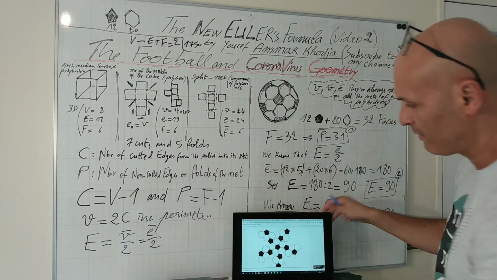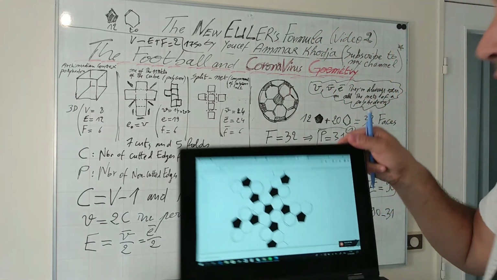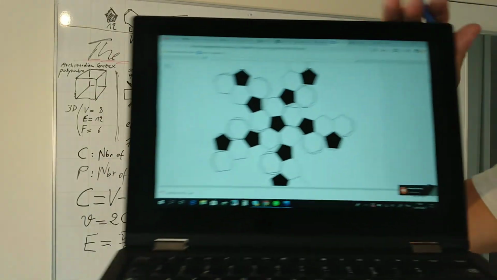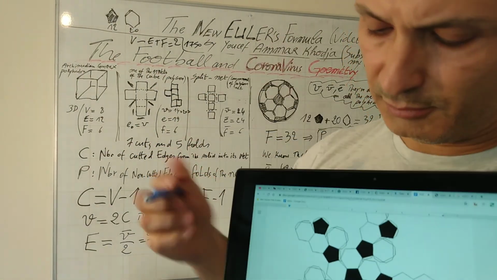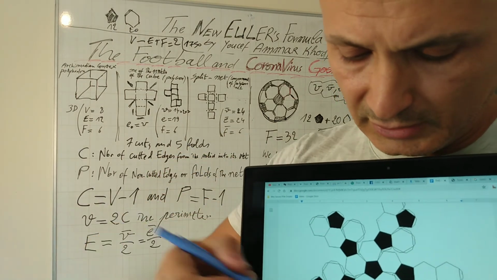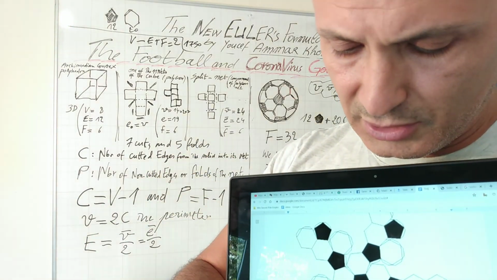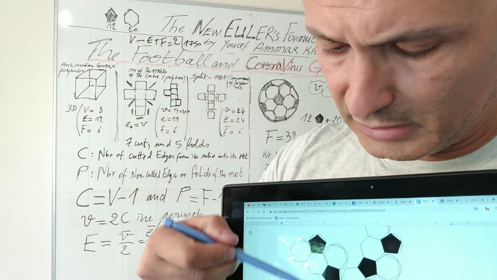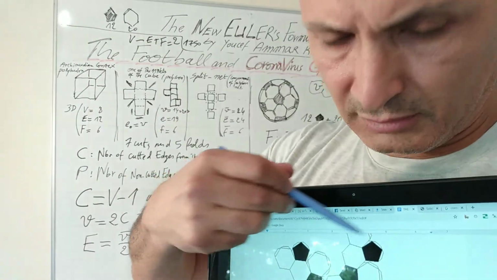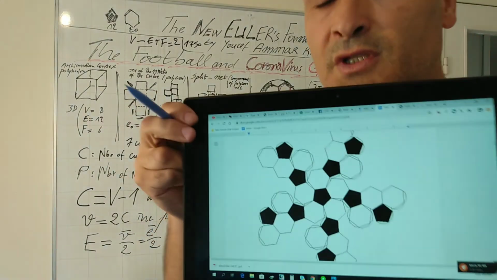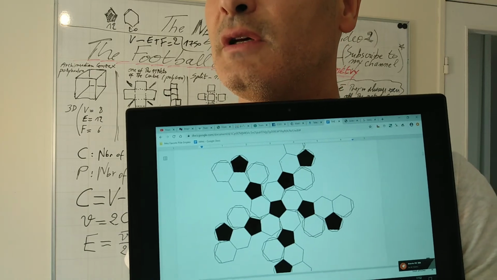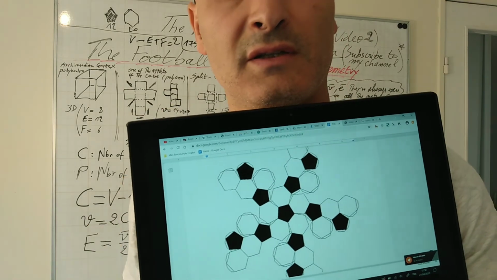So the other question that we can ask is, what is the length of the perimeter? What I call the perimeter is how many edges you have to go around. What is the length of going around this net? I discovered that it's always even and equals 2 times the number of cuts.